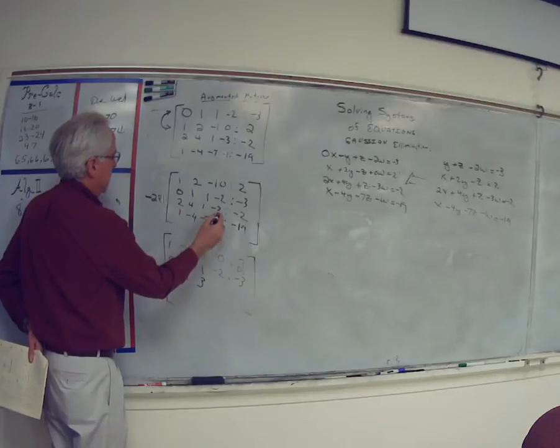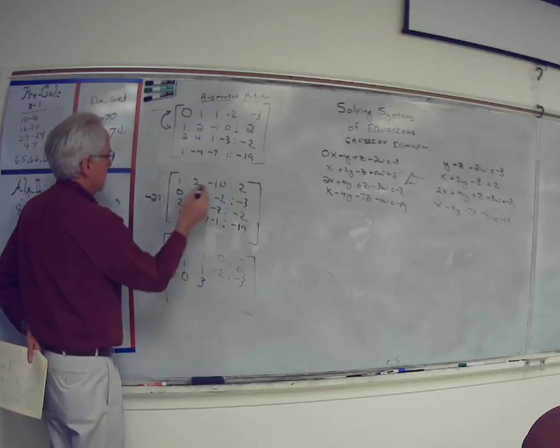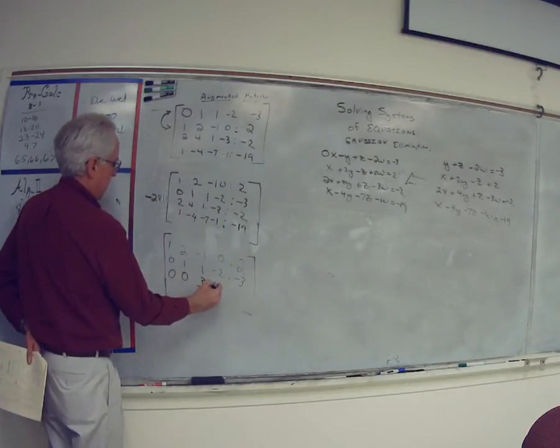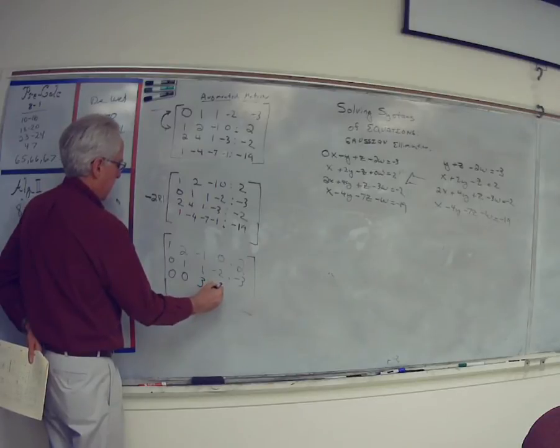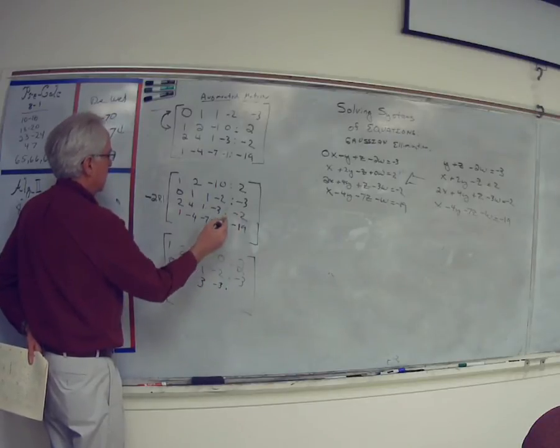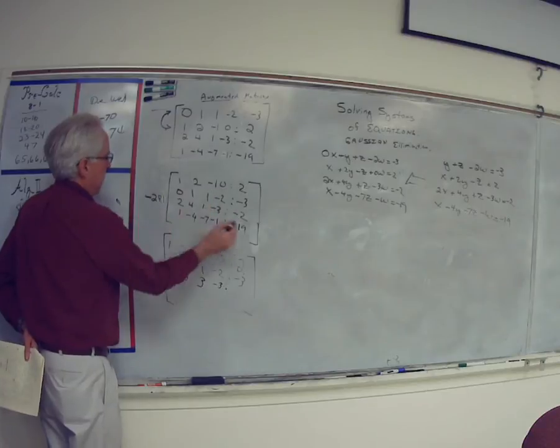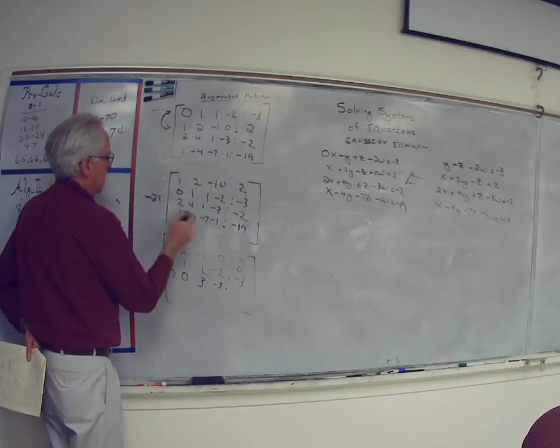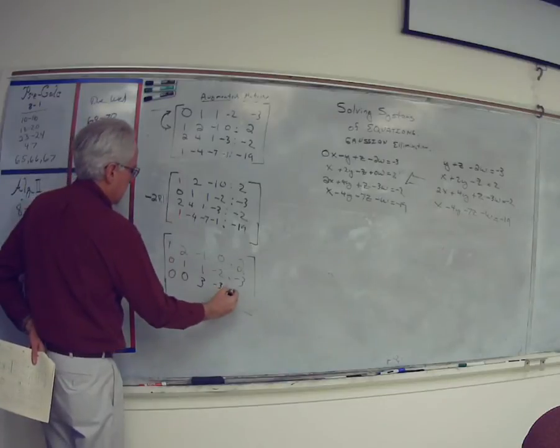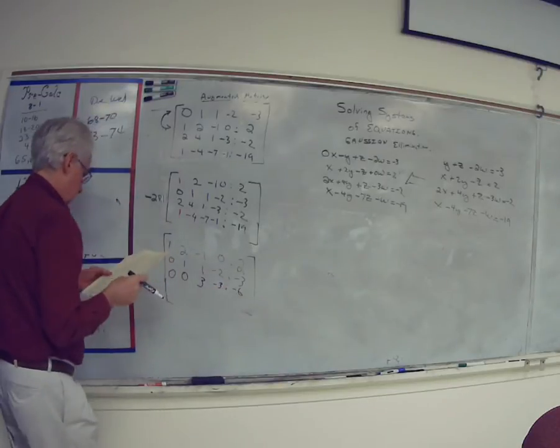And then minus 3 minus 2 times 0 is minus 3. And then minus 2 minus 2 times 2, that's minus 2 minus 4, which is negative 6.